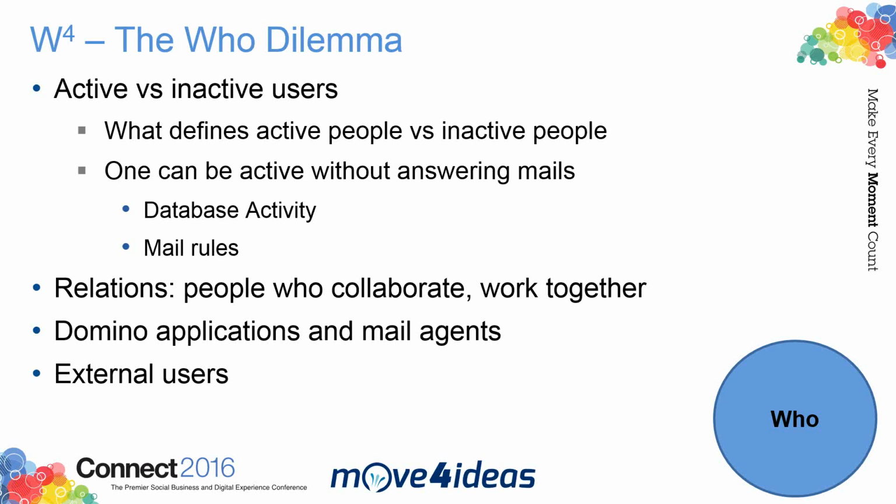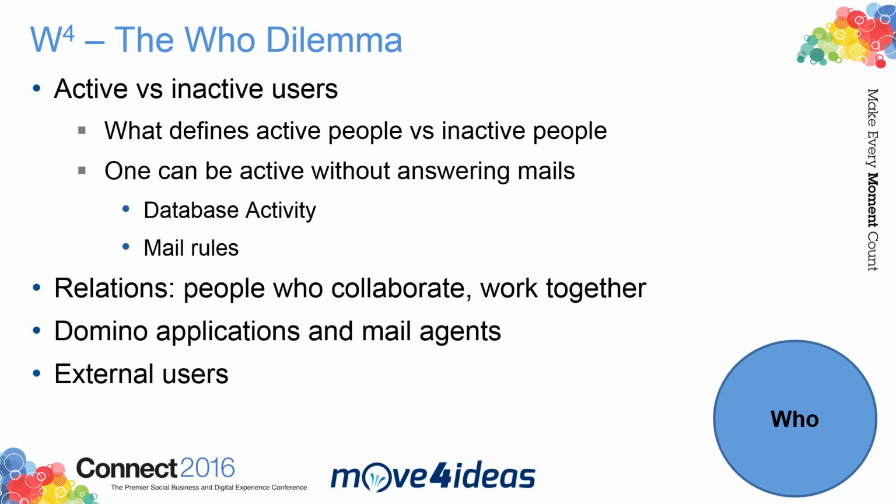This is really important. So we will decide who can be active if you don't answer any mail, for example. This is just an example, right? So you can track down database activity or even mail rules. The second point is relations.